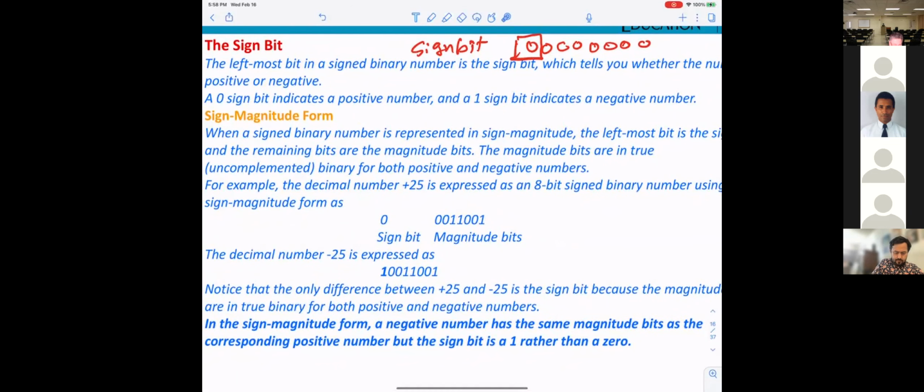For example, the decimal number plus 25 is expressed as an 8-bit signed binary number. So now you can see this is the 7-bit value, and the last bit will be the sign bit. 0, you know that will be positive. And the number here is equivalent to 25.